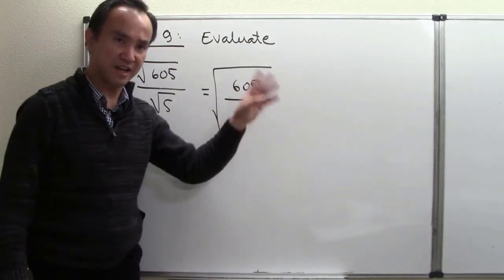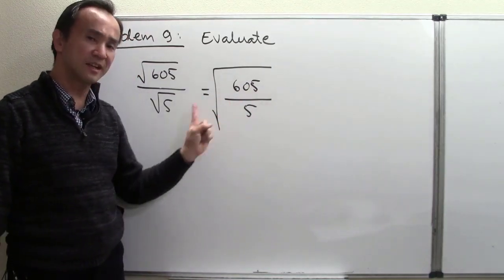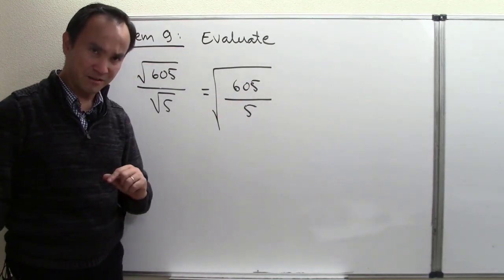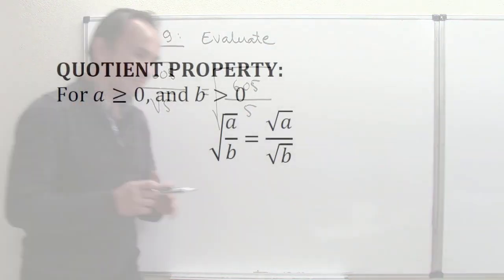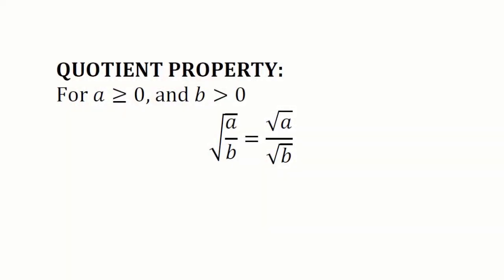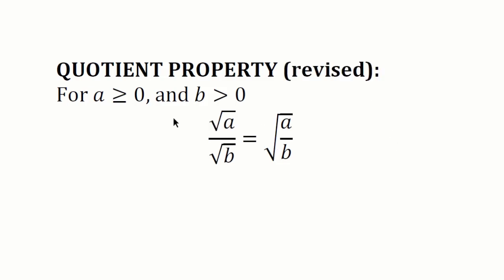I guarantee to you that this is also true. That means the quotient of the square root of a over the square root of b can be combined, and that equals the square root of the quotient a over b, for a being a non-negative value and b being a strictly positive value.